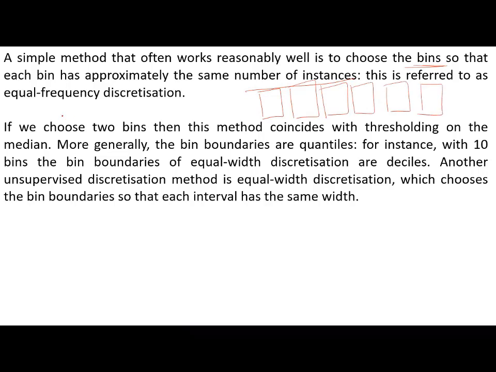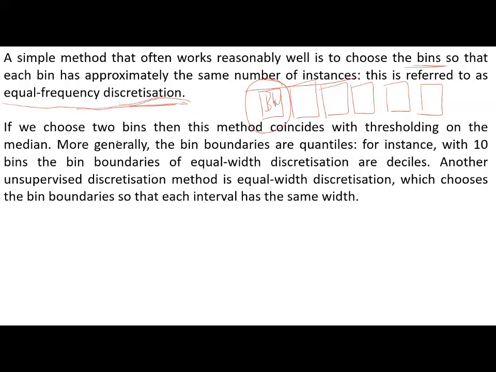This is referred to as equal frequency discretization. This is bin 1, bin 2, bin 3, bin 4. The first bin contains n instances, the second bin contains n instances, something like this. This is called equal frequency discretization.